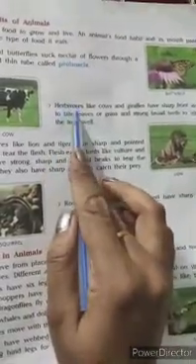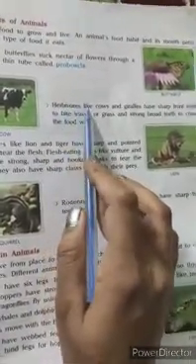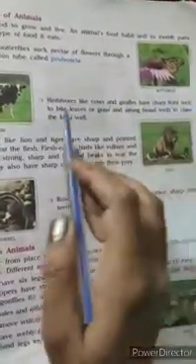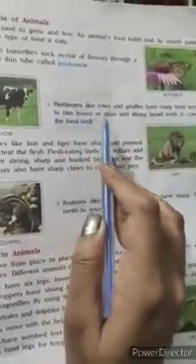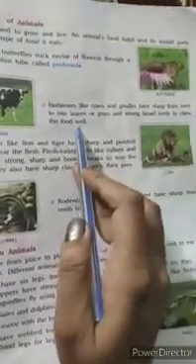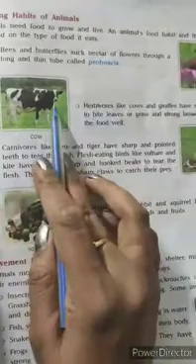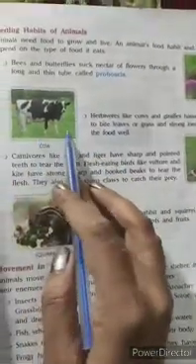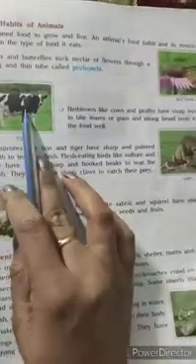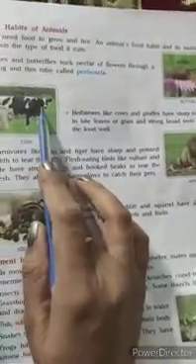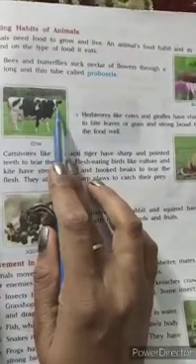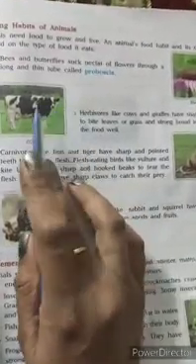Second is herbivores. Herbivores like cows and giraffes have sharp front teeth to bite leaves or grass and strong broad teeth to chew the food well. As you can see the picture of the cow over here. It's a herbivore animal. They eat plants and leaves. It doesn't mean that their teeth are not sharp.